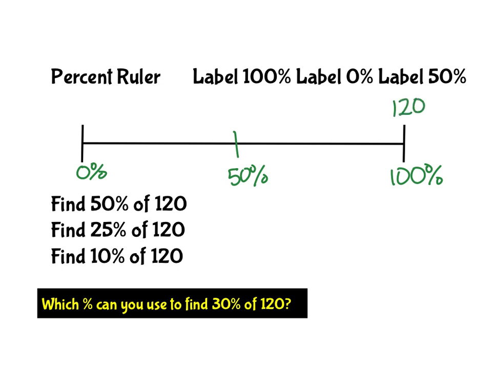And then you're going to find 50%, 25%, and 10%. And then it says on the bottom, the bonus question is which percent can you use to find 30% of 120? So go ahead and pause the video, do as many of those as you can, and then come back together and we'll check.